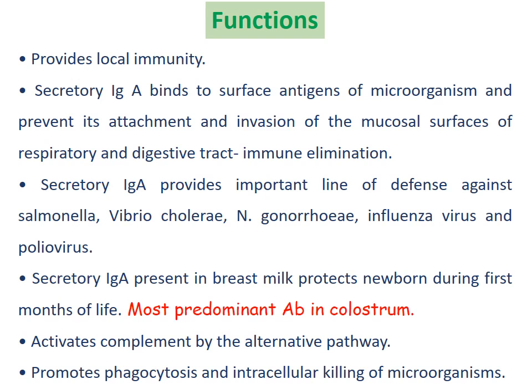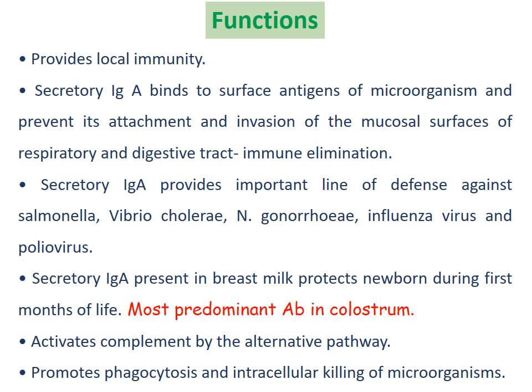What is immune elimination? It eliminates the microorganism before invasion. How? Because IgA binds to the surface antigen of the microorganism and prevents its attachment and invasion of the mucosal surface of the respiratory and digestive tract. So it prevents even before the invasion. It eliminates the attachment and invasion. So it is called immune elimination.